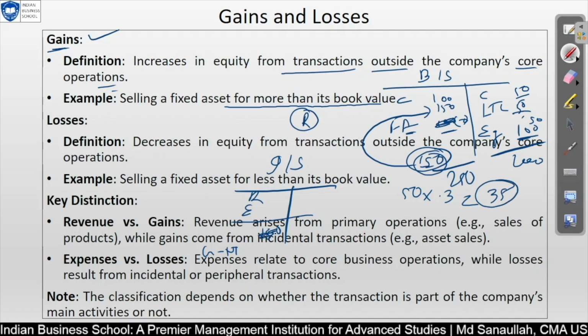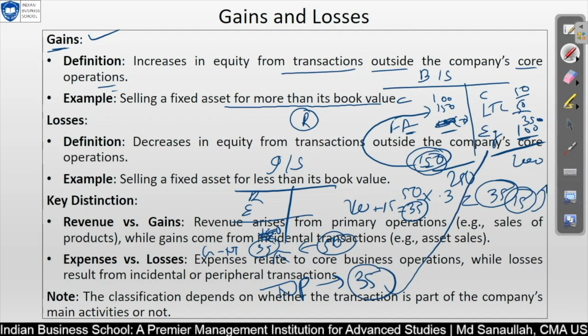So your equity will increase by 35. This gain will be reported here as 35 net of tax, not 50. You cannot account for 50 here. You will show in your income statement 35 as your gain. So your net profit will increase by 35. Net profit is linked with your equity in retained earnings, which will also increase.